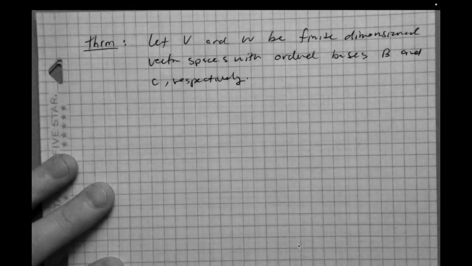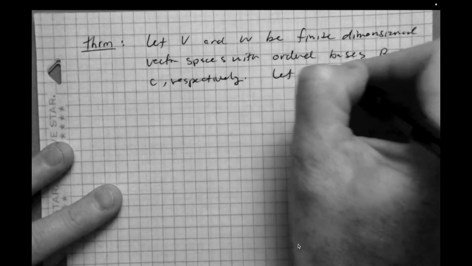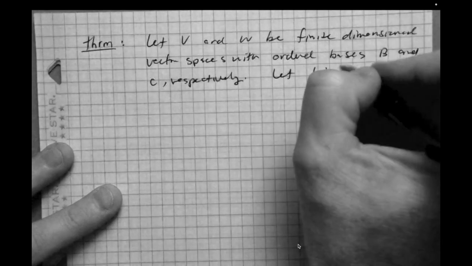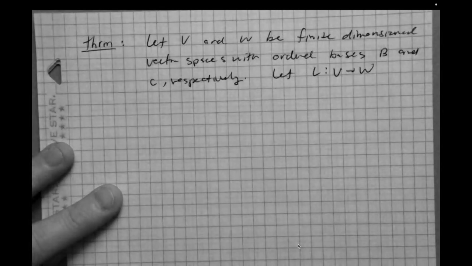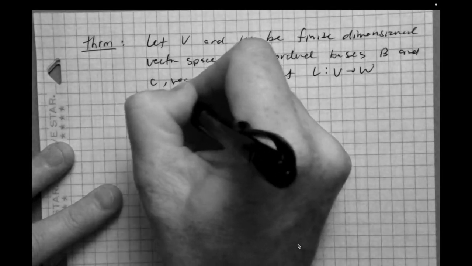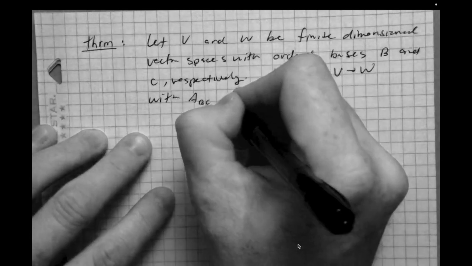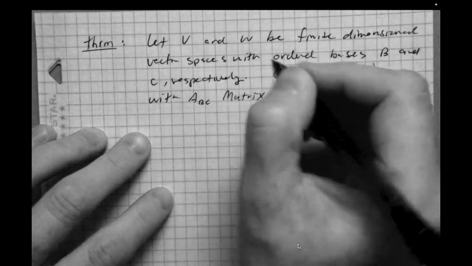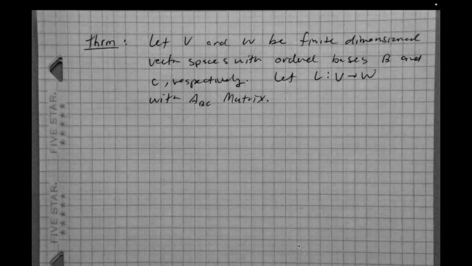So B is the ordered basis for V, C is the ordered basis for W. And then we're going to let L be a linear transformation from V to W with A sub BC matrix. So I've got L as a linear transformation from V to W, and A sub BC is the matrix of the linear transformation.